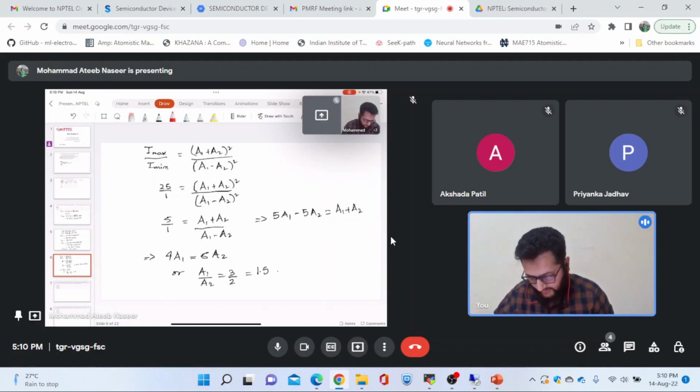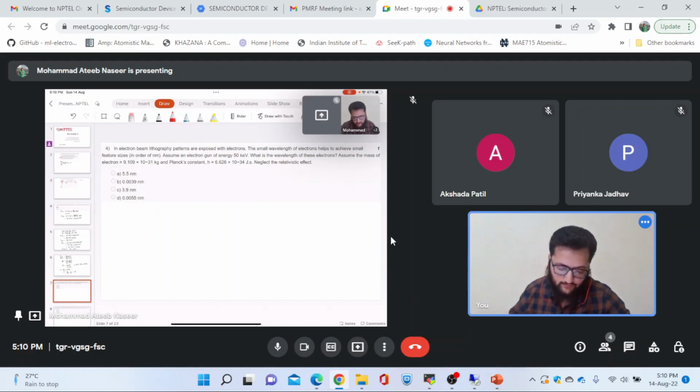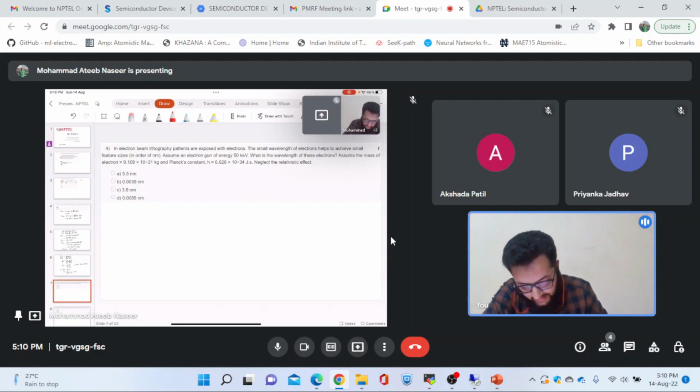Now if we move towards the fourth problem, it states that in electron beam lithography, patterns are exposed with electrons, and the wavelength of electrons helps to achieve some feature size which is of the order of nanometers, and it is given that this electron gun has energy of 15 kilo electron volts, and we are required to find the wavelength of these electrons, and we are given the mass and the Planck's constant as well, and it has been said that we have to neglect the relativistic effects.